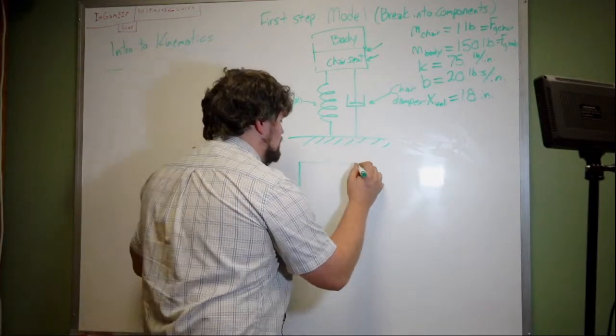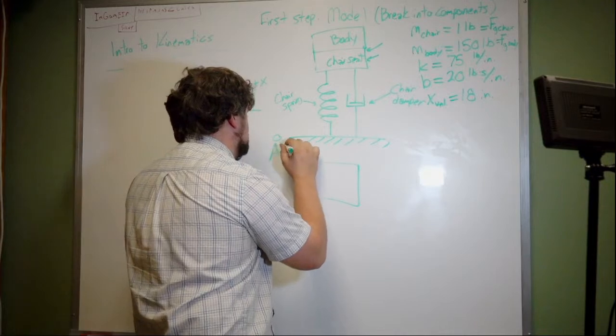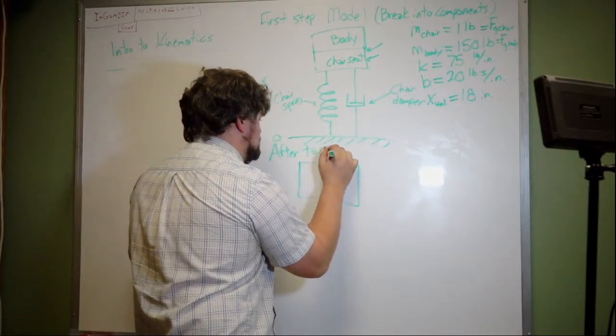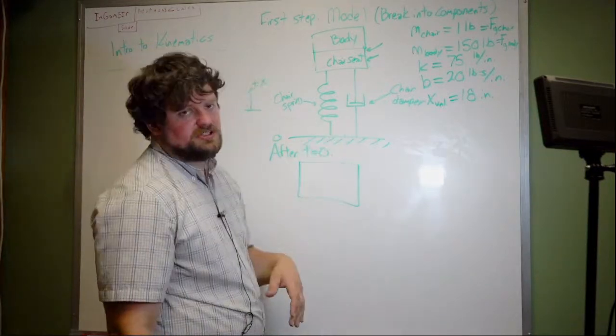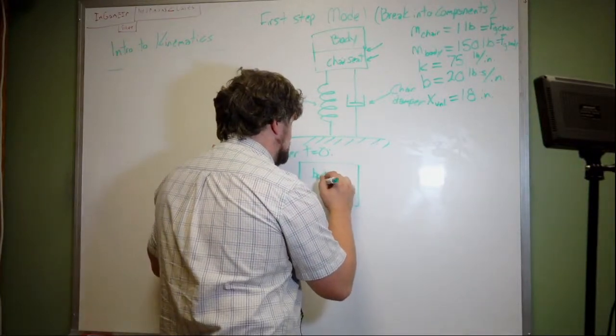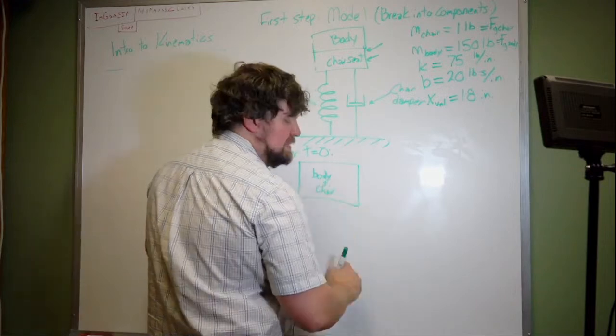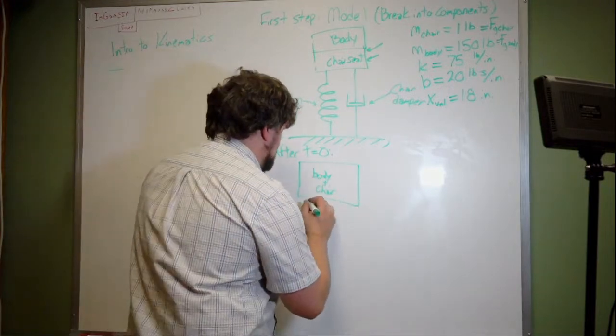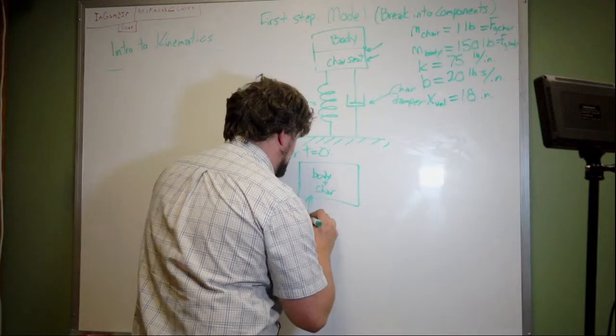Okay, so now, after t equals 0, this situation comes up. So after t equals 0, you have body plus chair acting as one unit. And you now have your forces.